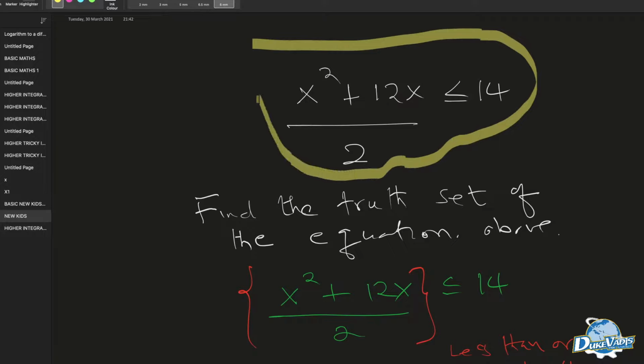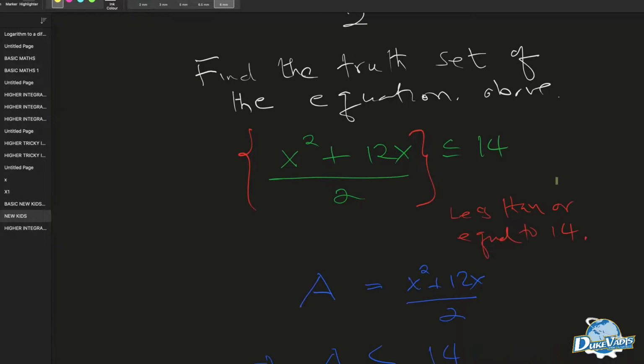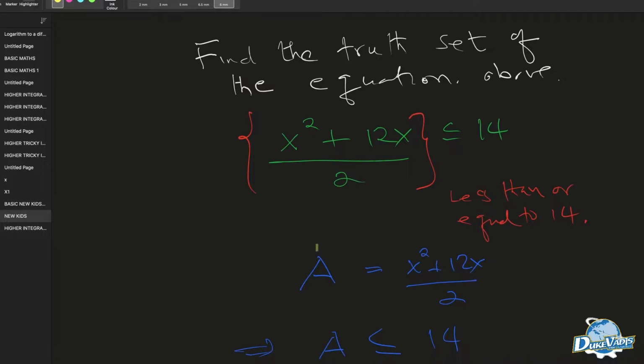So what did we do? We looked at it and saw that this whole expression is less than 14. Somebody suggested that we substitute a in place of the whole expression. It was a good suggestion, but would it help us?